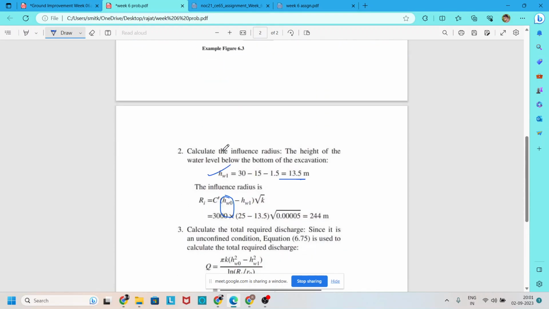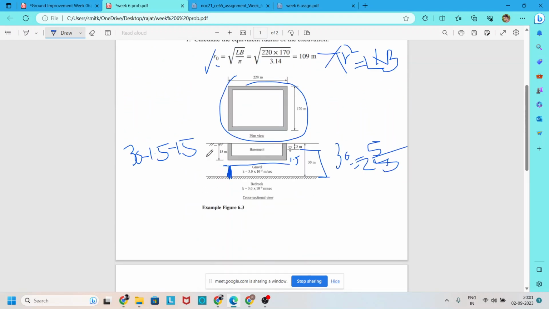Now we find the influence radius, that is, for that permeability and that pumping, up to what distance the pumping influences the surrounding soil.